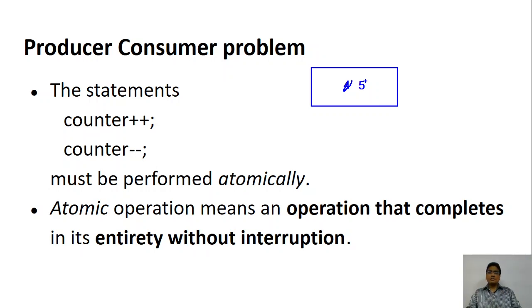This is called an atomic operation. What is an atomic operation? An operation that completes in its entirety without interruption. If it starts, it should go to completion. Others should not disturb the process in between.